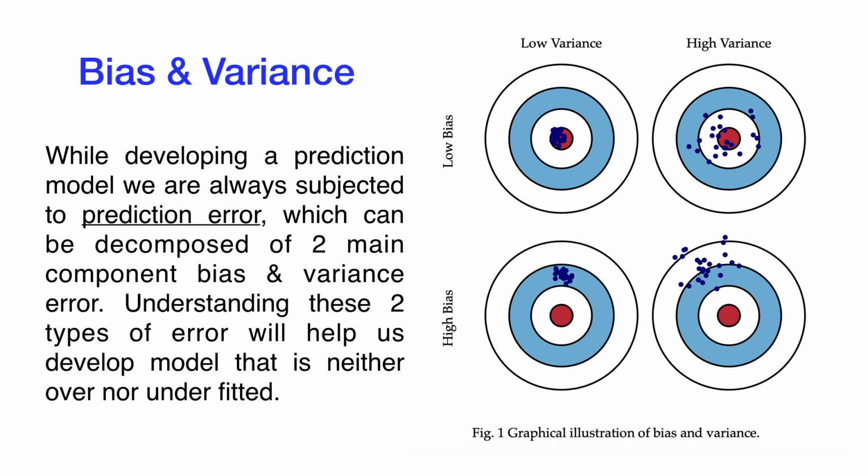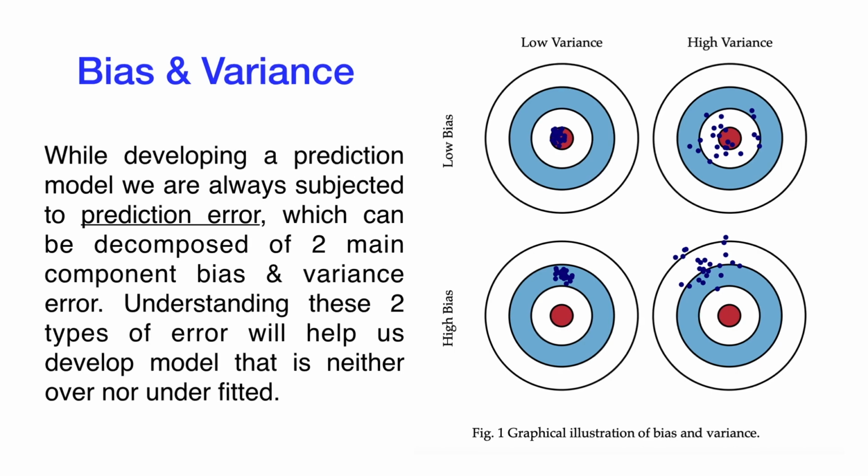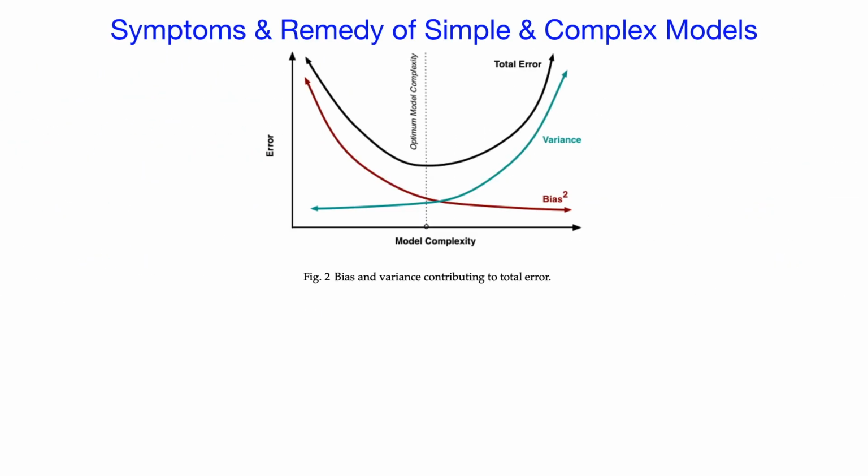Now let's try to understand this with the help of a simple and complex model. Let's look at this diagram and see what are the remedy and symptom of a simple and complex model. In this diagram, on the x-axis, I have the model complexity.